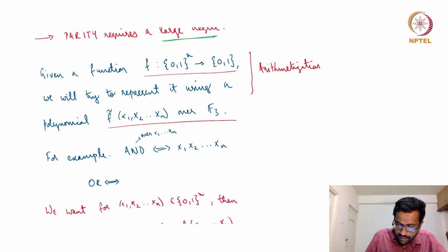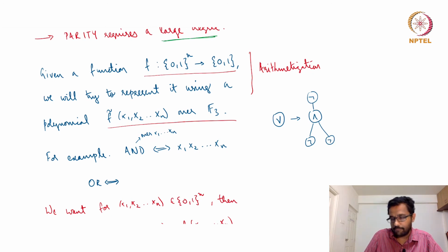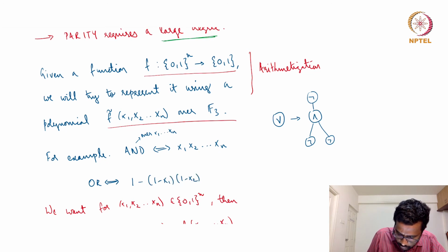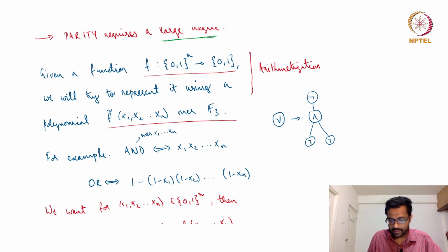So basically you can write an OR gate as a negated AND gate, where each input is negated as well. So you negate the inputs, you make an AND, and then negate the output. Which gives us this expression: 1 minus (1 minus x1)(1 minus x2) dot dot dot (1 minus xn).